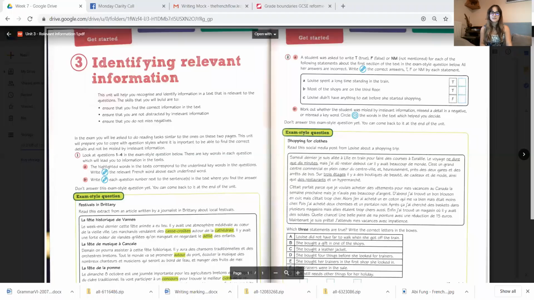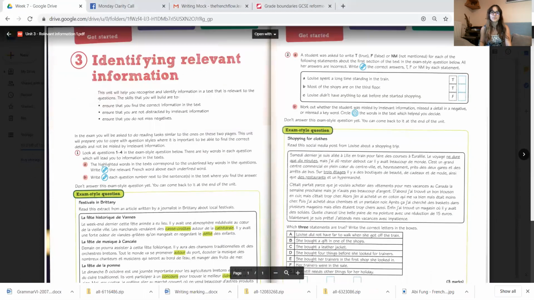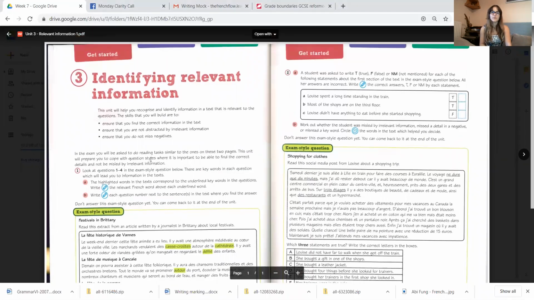So if we have a look at the booklets, here it's unit 3 from page 18, identifying relevant information. As I said, just to make sure you have the correct information in the text, that you're not distracted by something that would be irrelevant.